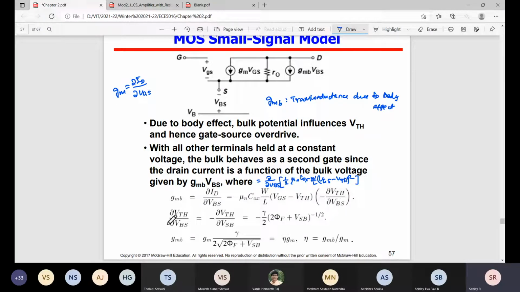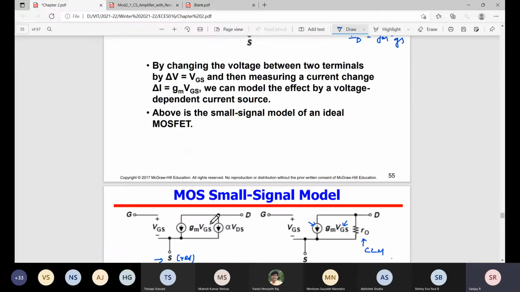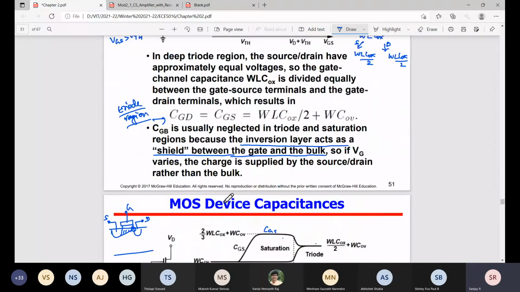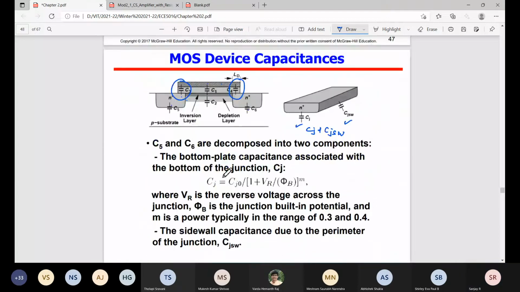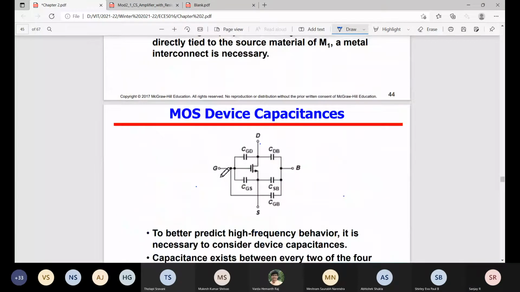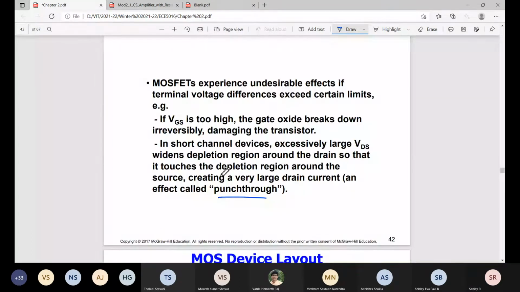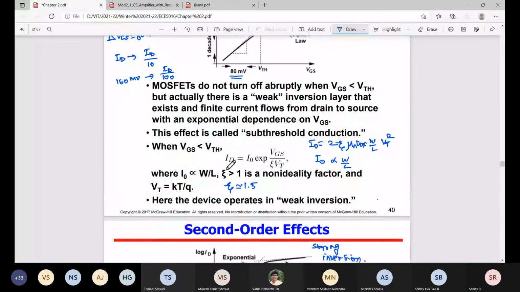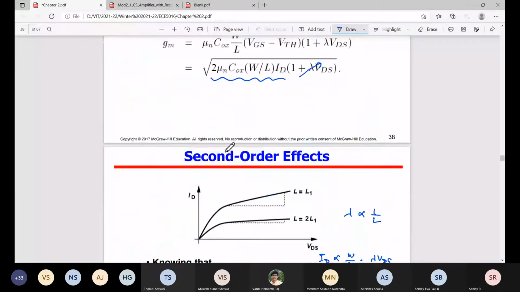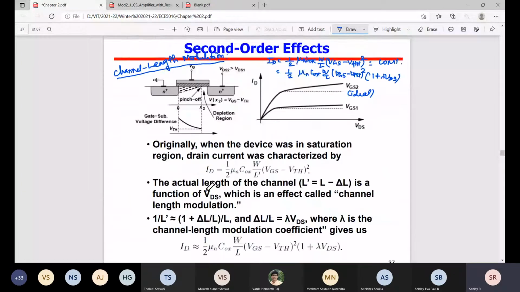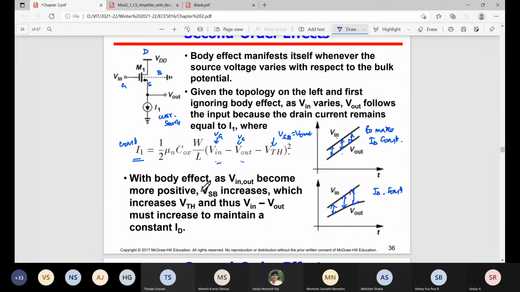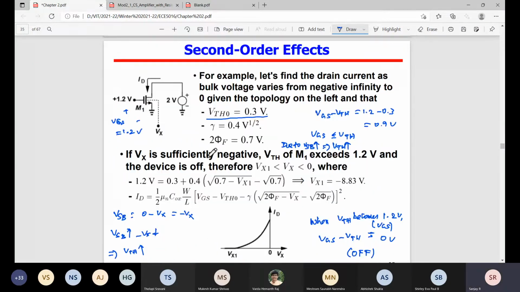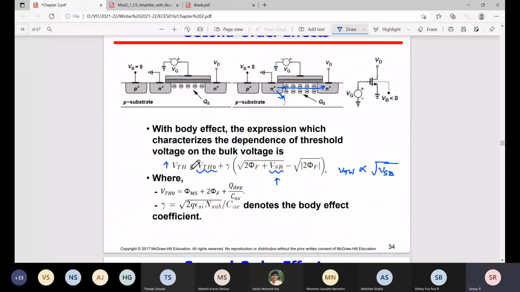So you know the VTH formula for the body effect: VTH equals VTH0 plus gamma into the square root of (2 phi f plus VSB) minus the square root of 2 phi f.